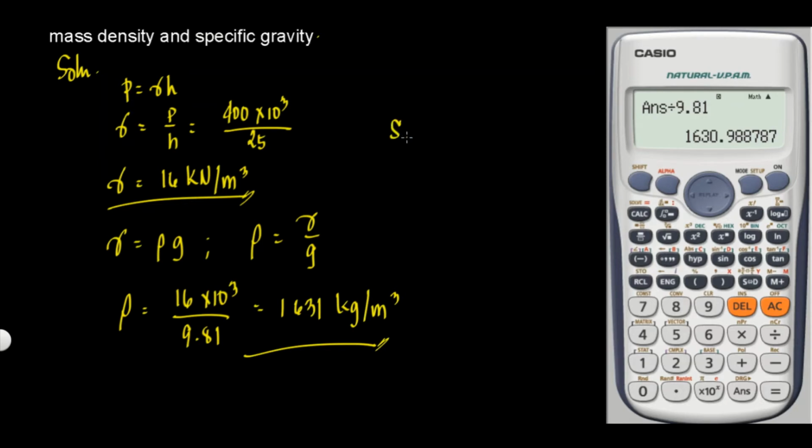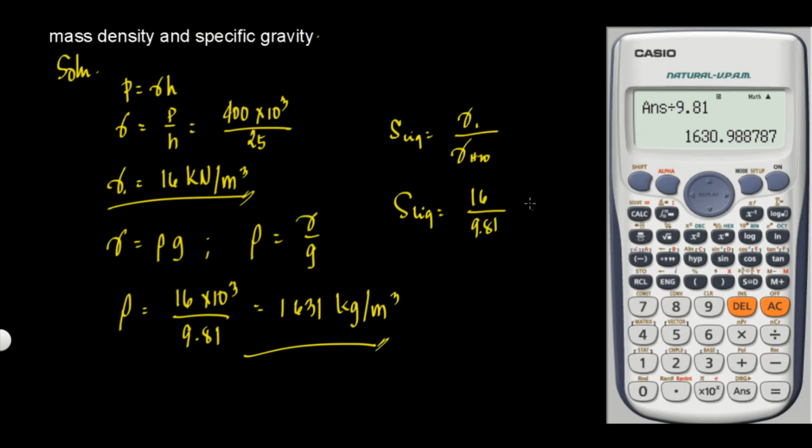The specific gravity of the liquid is equal to the unit weight of the liquid over the unit weight of H2O. So, specific gravity of the liquid is equal to 16,000 over 9,810, or 9.81 kilonewton per meter cube.